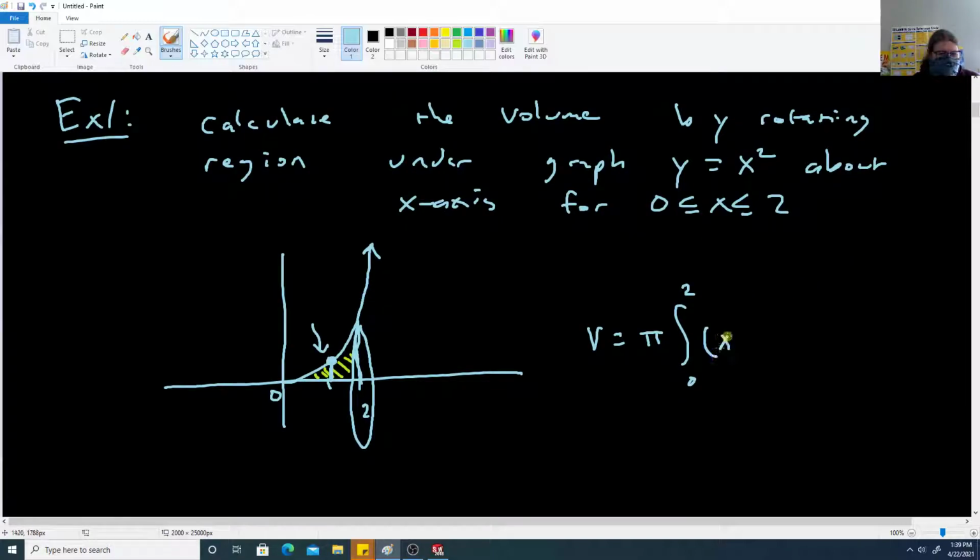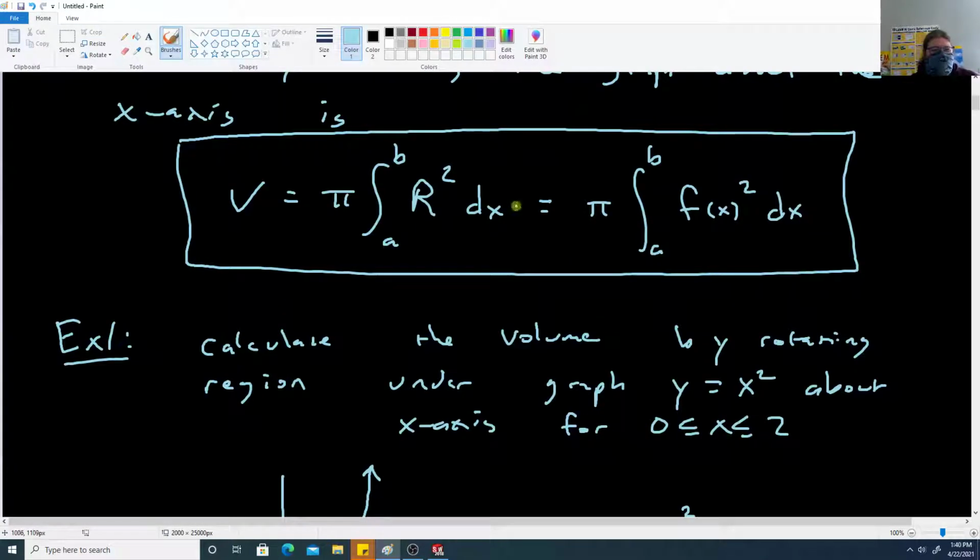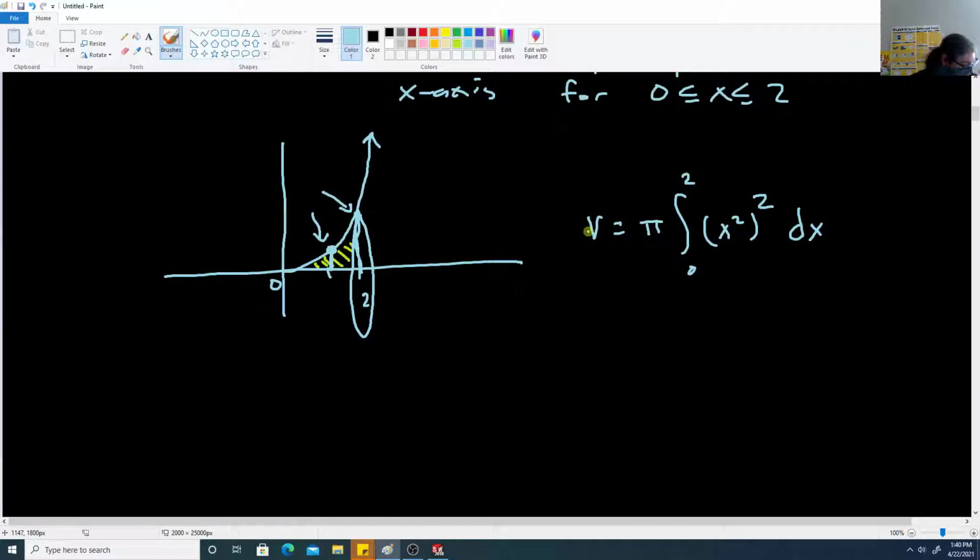That's going to be x squared, because the y value given by the function sets the height of each of these individual points. We square it, and then we get dx. So basically we're using this equation, our function is x squared in this case, and we're integrating from 0 up to 2. Then all we have to do is calculate it out.